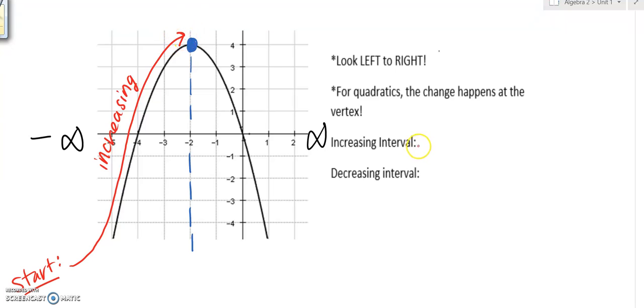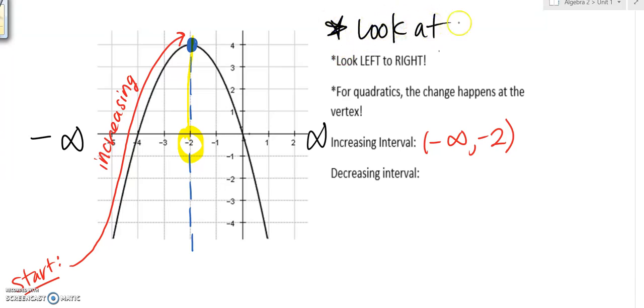So for my increasing interval, I want to write that I'm increasing from -infinity, from super small over here, all the way until I get to, and this is where it's tricky, -2. The reason I picked -2 is because I always use x values. Let's make note of that and put a star here: look at x values.